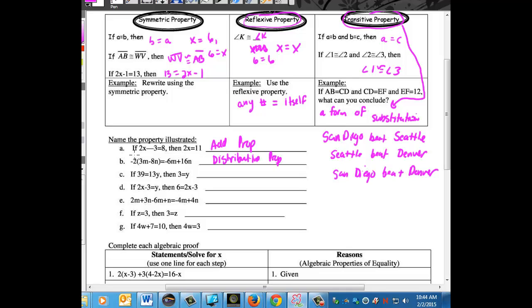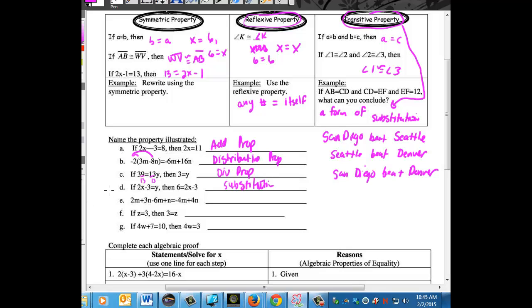Well, we have to multiply negative 2 all the way through to get negative 6n plus 16n. On problem C, we must divide both sides by 13. And when we do that, we get 3 is equal to y. The division property. Problem D, 2x minus 3 is equal to y, and then they substitute in 6 for y. This is going to be the substitution property.